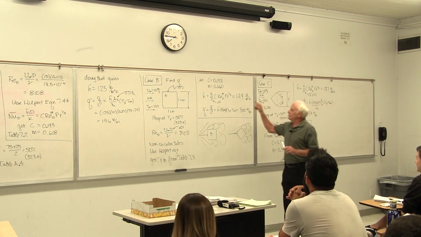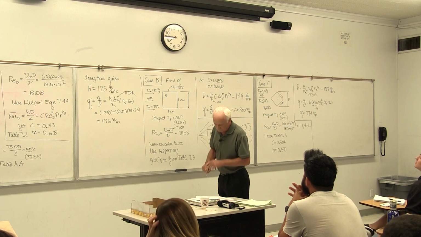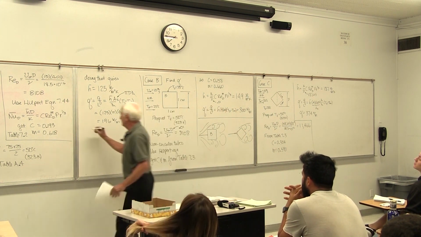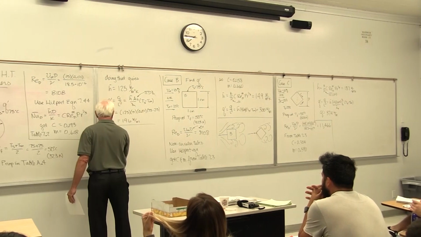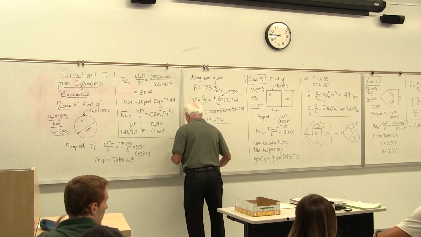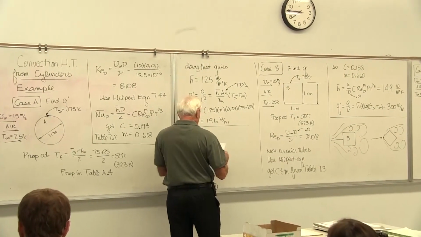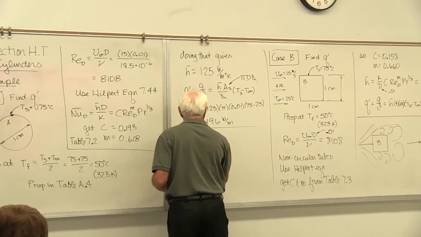If you want to redo this guy here and you say, what if, part A, I want to use the Hilpert equation? Okay, let's see where it is here. Equation 7.45.